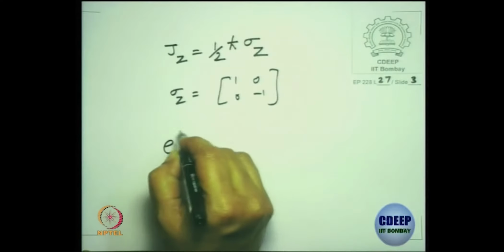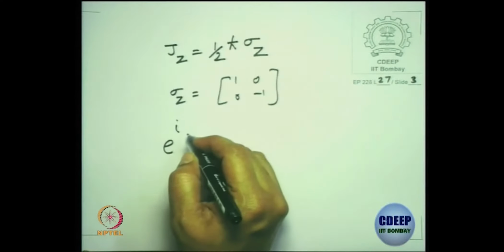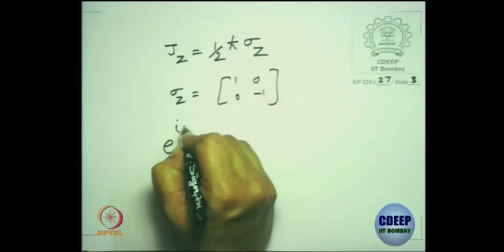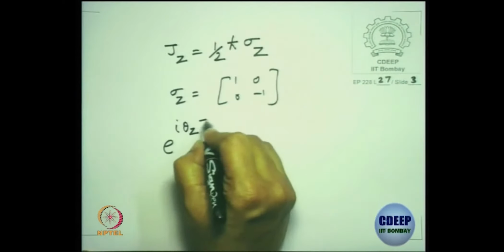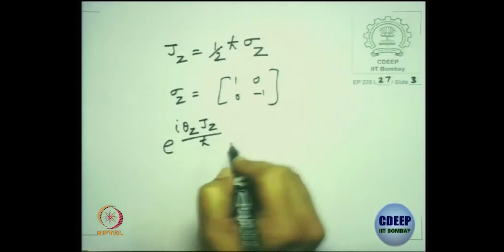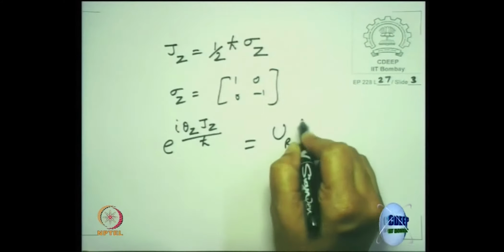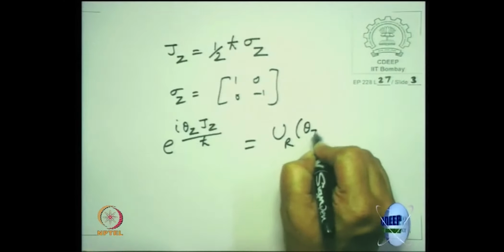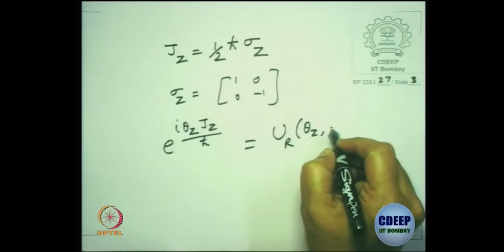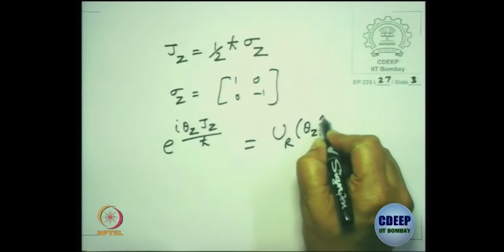If you take the exponential of i theta z Jz by h cross, this is the unitary operator for rotation by an angle theta z about the z hat axis.